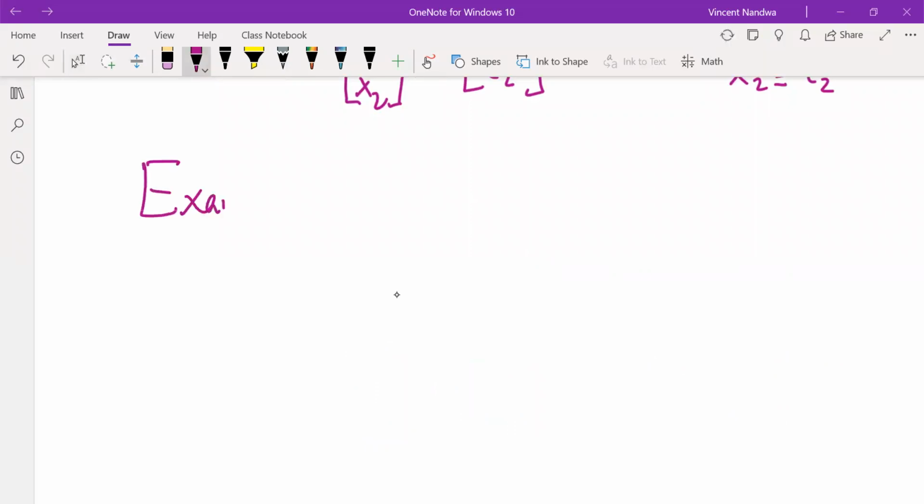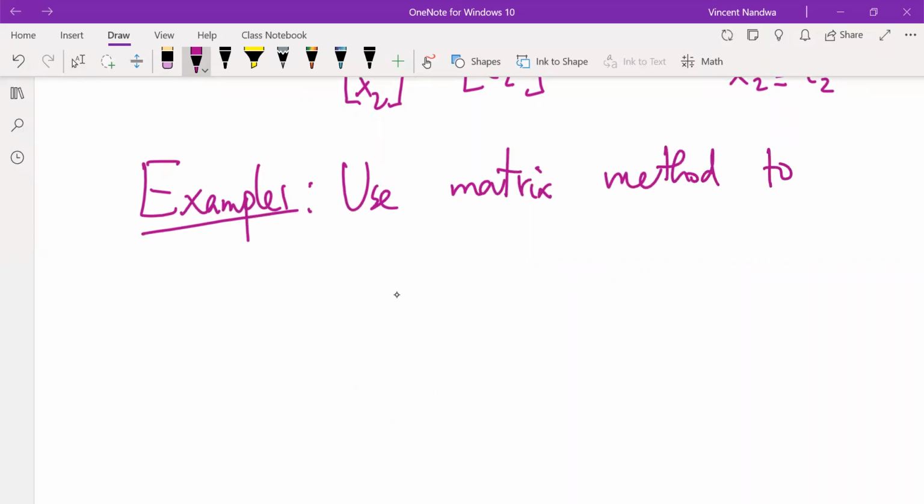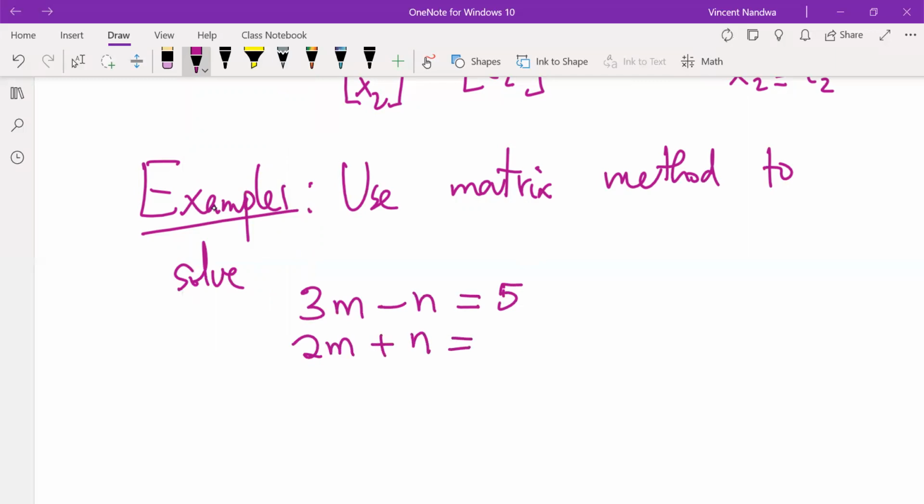Example 1. Use matrix method to solve this system: 3m minus n equals 5, and 2m plus n equals 5.